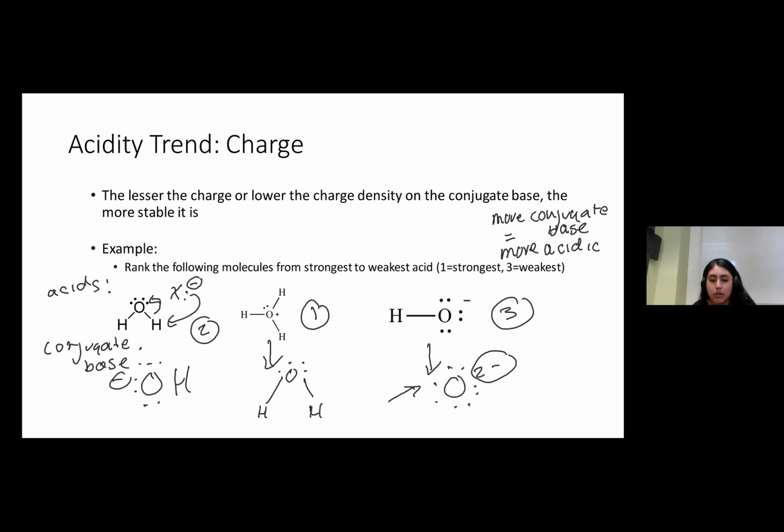So like we said, a more stable conjugate base means a stronger acid. If it's less stable, then it's the opposite of what we said. So in this case, it's going to be a weaker acid, because this molecule right here is not very stable. Did that make sense? I hope I didn't confuse anyone. Are there any questions on this?